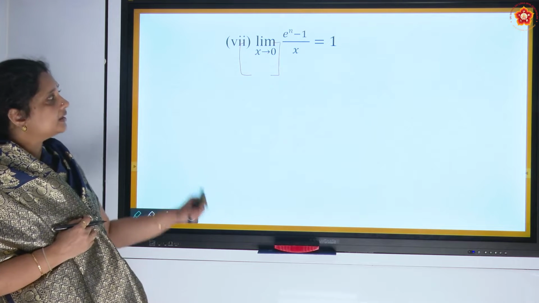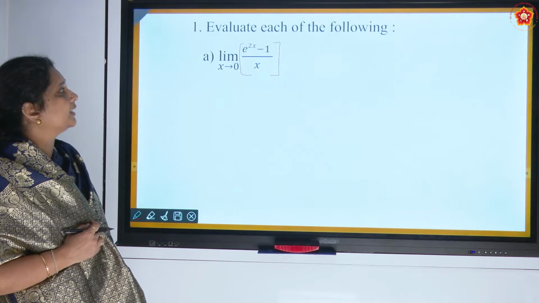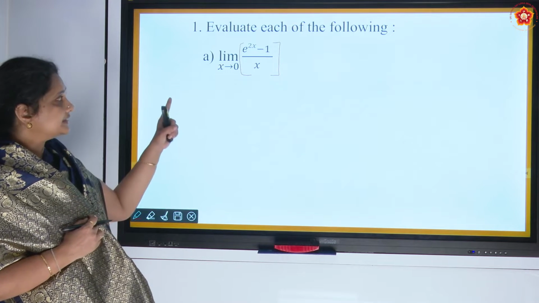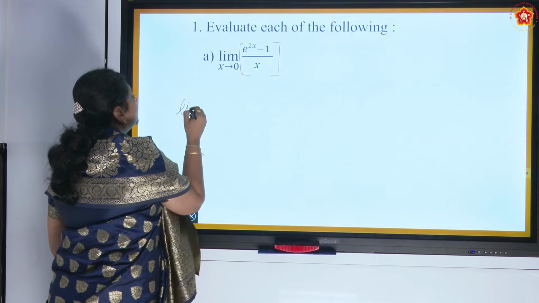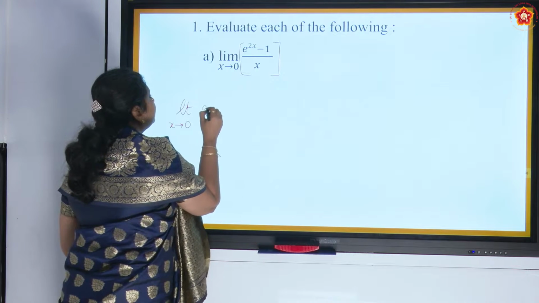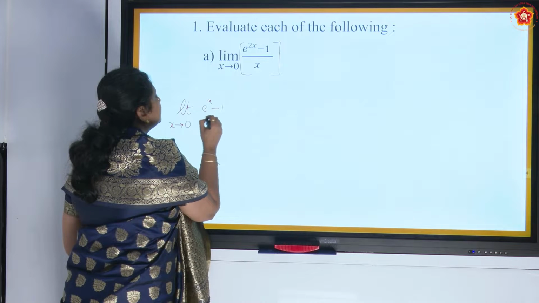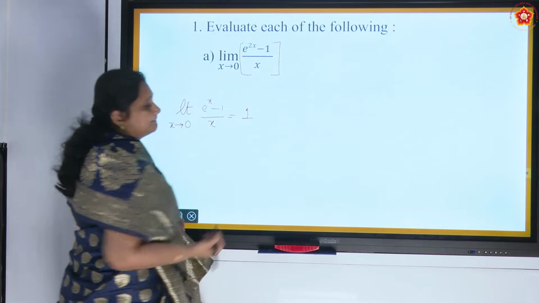Is this similar to it? E power x minus 1 by x is equal to 1. Aren't we seeing a very similar function? So, let me write that. We know that limit x tending to 0, e power x minus 1 by x is equal to 1.